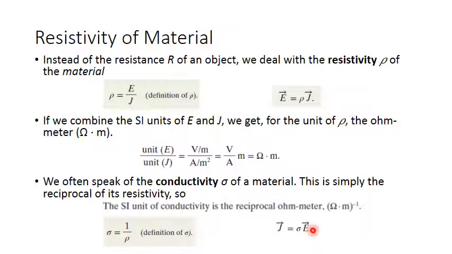So J would be sigma multiplied by E. So the resistivity and conductivity are the two sides of one coin, which represent the main electrical characteristic of the material. Okay?